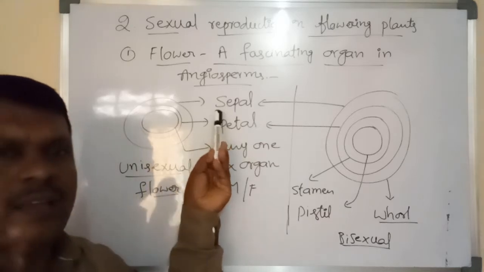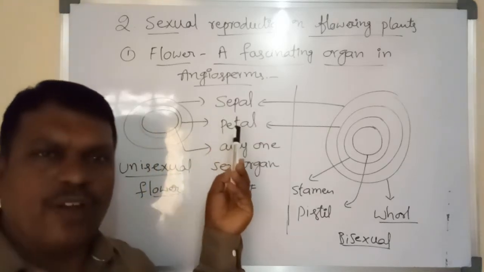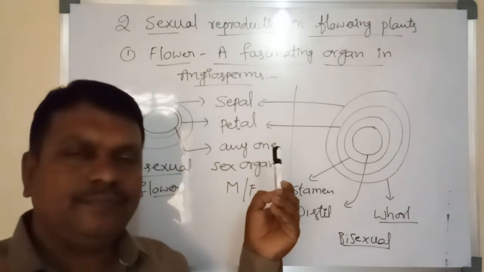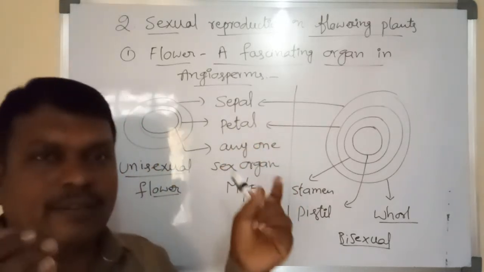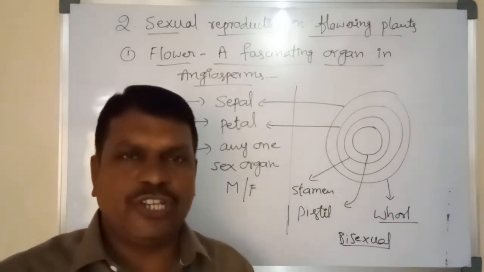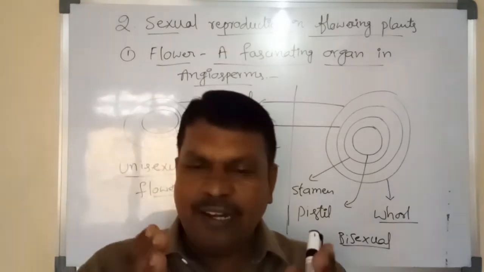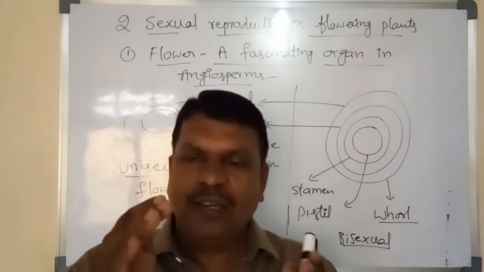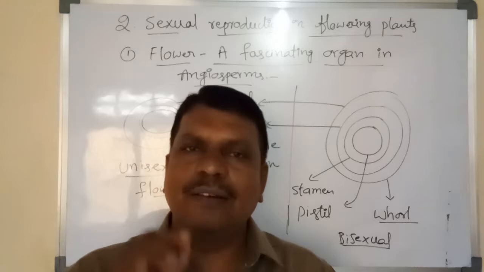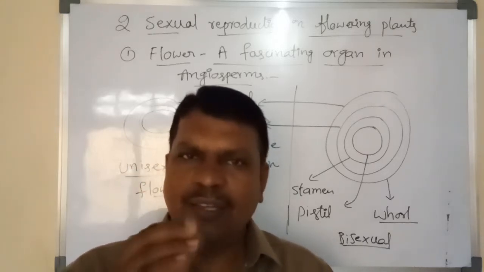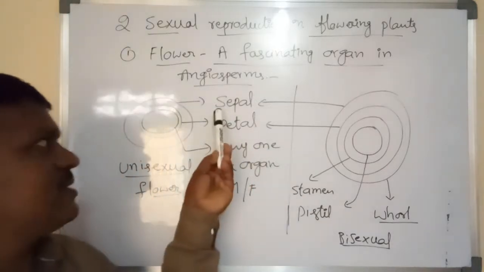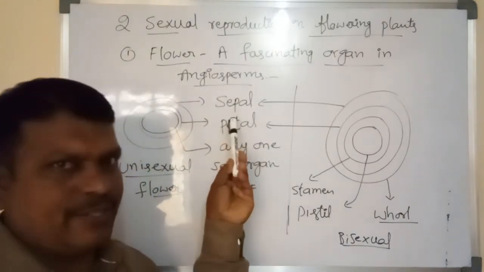Sepal is the outermost whorl of the flower, which is green in color. It protects the flower and floral appendages when it is in bud stage, protecting all internal floral appendages like petals, stamens, pistil, etc. Group of sepals is called calyx.